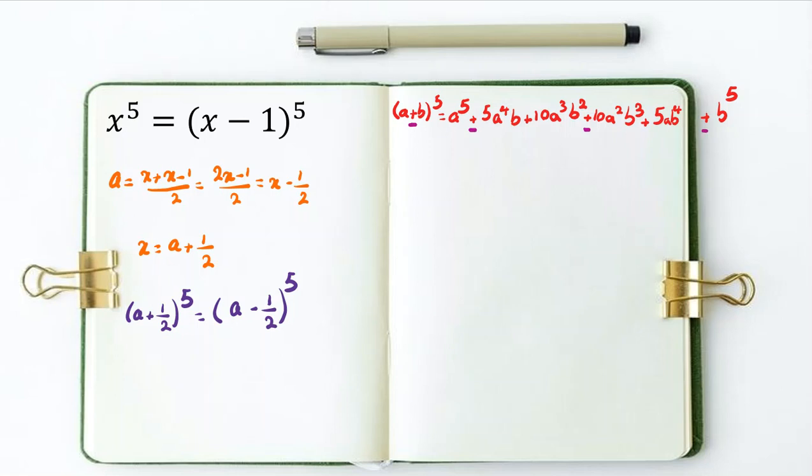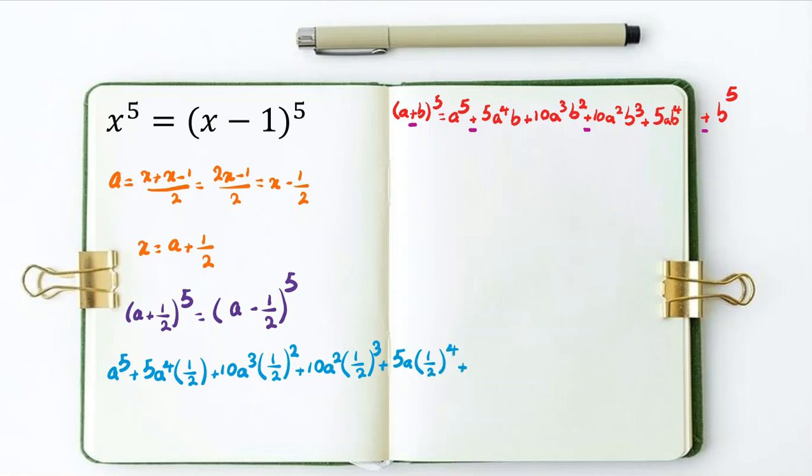Okay, so let's apply left hand side here. It's a to the 5 plus 5a to the 4 times b, 1 over 2, plus 10a cubed times 1 over 2 squared, plus 10a squared 1 over 2 cubed, plus 5a 1 over 2 to the 4.